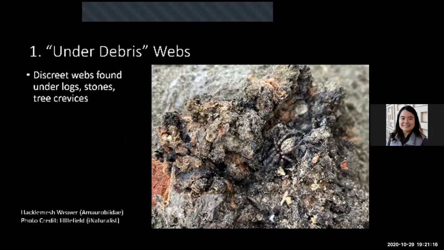And I had a very hard time finding photos of these spiders because they're really, really shy and really hard to find. But we do see many in California, like the Hackle-Mesh Weaver.